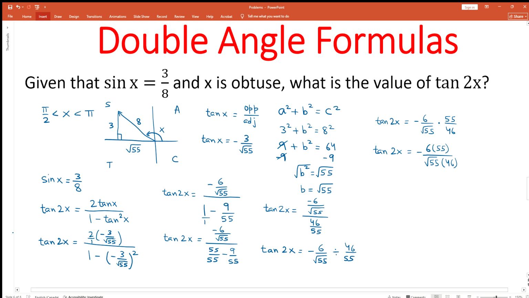Next, we can reduce this fraction. 55 and square root 55 can be reduced to just square root 55 in the numerator. We can reduce 6 and 46.